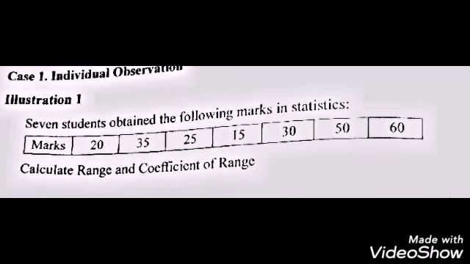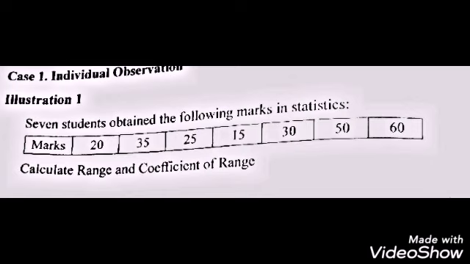Computation of range. Individual observation. 7 students obtained the following marks in statistics. Calculate range and coefficient of range. Range is equal to L minus S. Here largest item is 60, smallest item is 15.